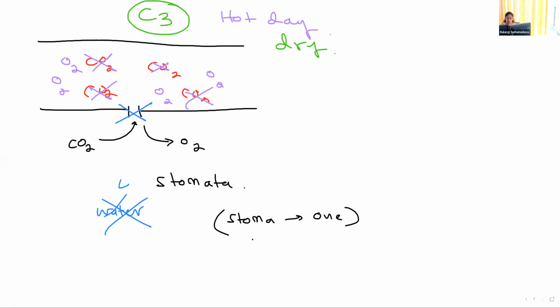Right, so the C3 plants, not every day, but they can experience photorespiration because they don't have any adaptations to stop it. But plants permanently living in hot and dry environments must have adaptations to avoid photorespiration, otherwise they can't survive. So the normal plants, I said, are C3 plants. C3 means the first stable compound, PGA, is a 3-carbon compound.